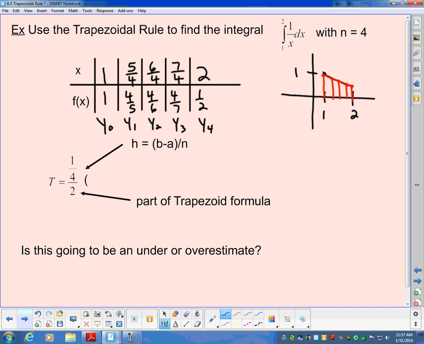Now, the height h is equal to b minus a, which in this case is 2 minus 1, divided by 4, the number of subintervals, and so that's where the 1/4 comes in. The 1/4, remember, is the height right here. So 1/4 is this piece.